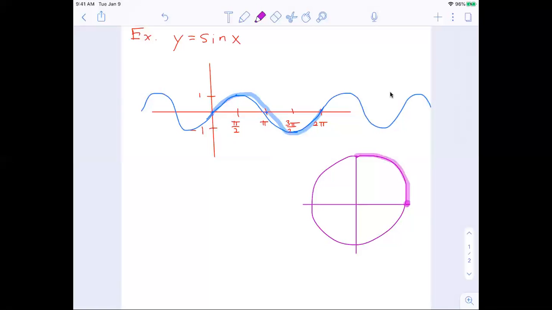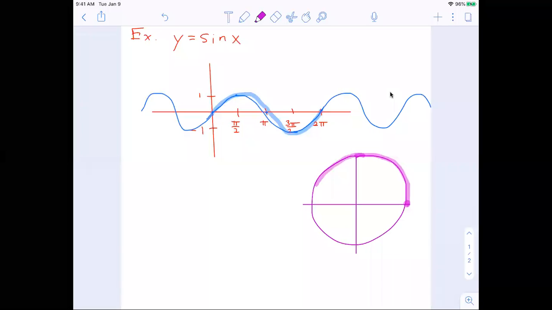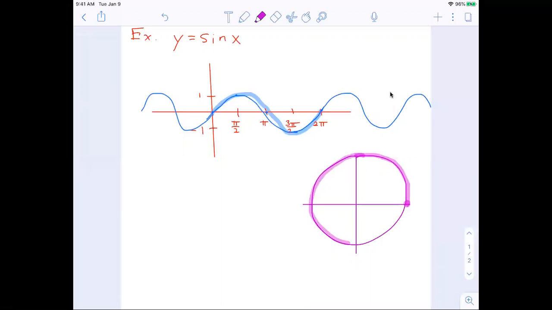Then your y values get smaller and smaller, and they're 0, and then they go negative, down to -1, and then they come back here to 0. That's what's happening on this blue graph: it starts at 0, goes up to 1, comes down to 0 at pi, then goes down to -1, and then goes back up to 0 at 2 pi.